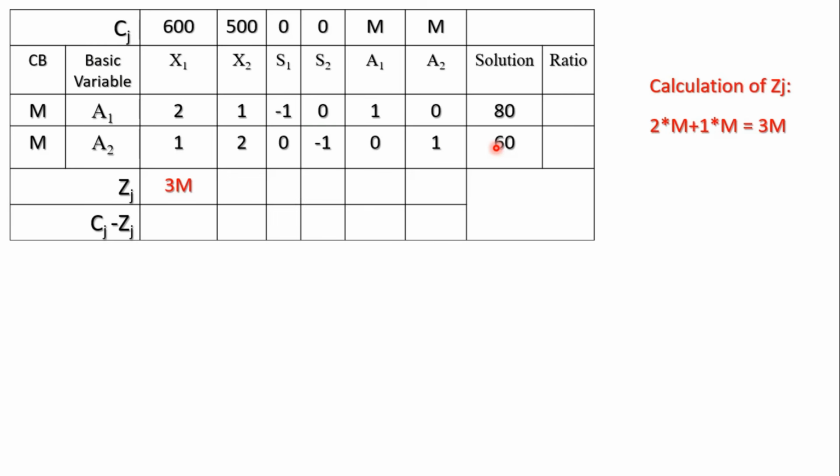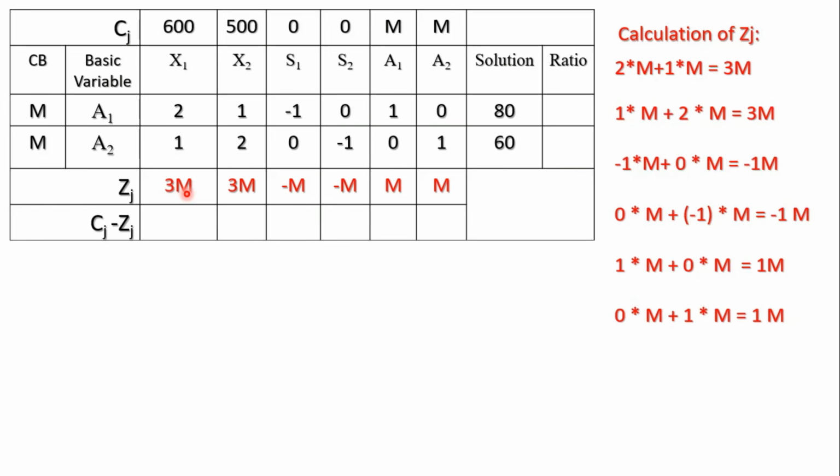Next we are going to calculate the Zj value. For x1, it has two coefficients, 2 and 1. We multiply with the basic coefficients, M into 2 plus M into 1. Total will become 3M.